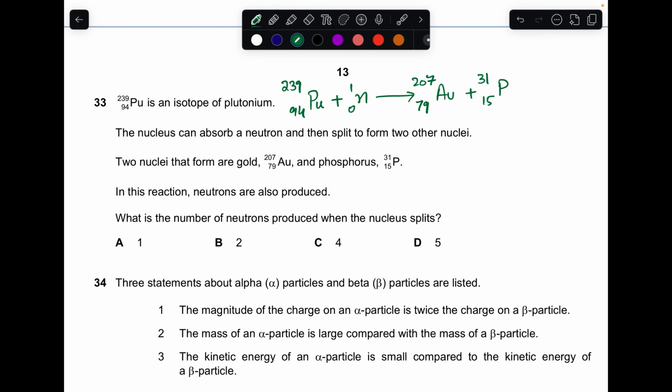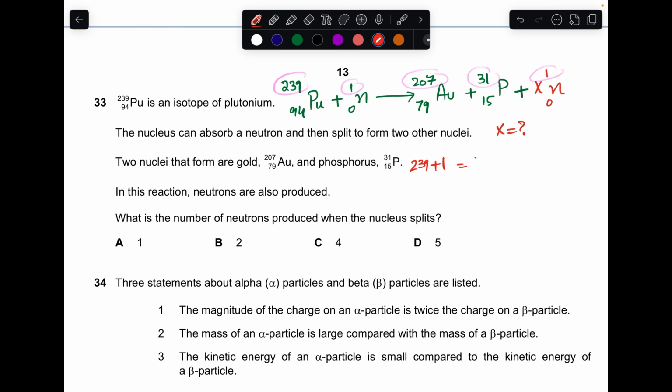So this is the equation. And plus it is making neutrons. We know a neutron is n 0, but how many neutrons there are we don't know, so we have to find this x. Okay, so let's try to balance the equation. The mass on the left side should be equal to the mass on the right side. So for the left hand side, it is 239 plus 1.